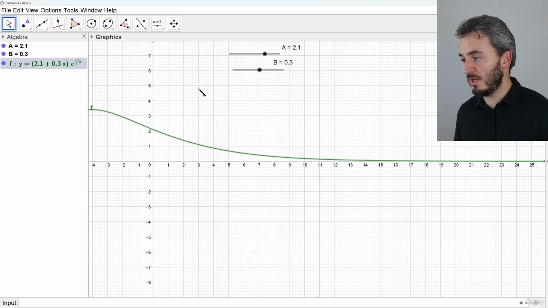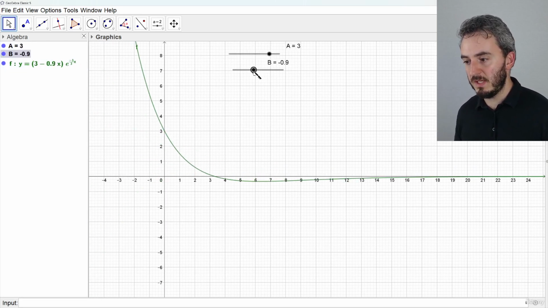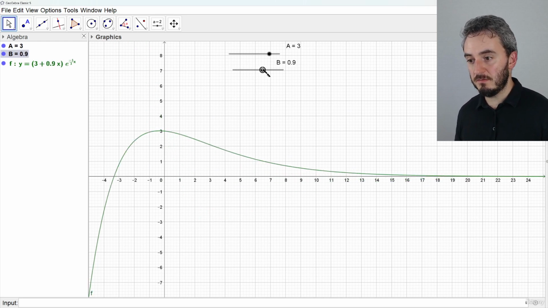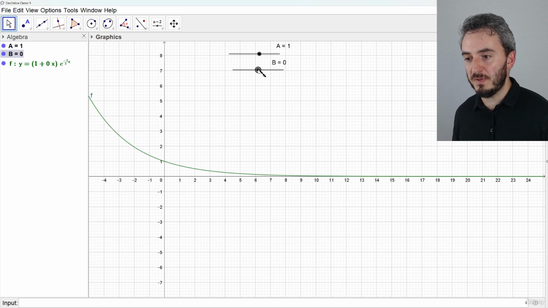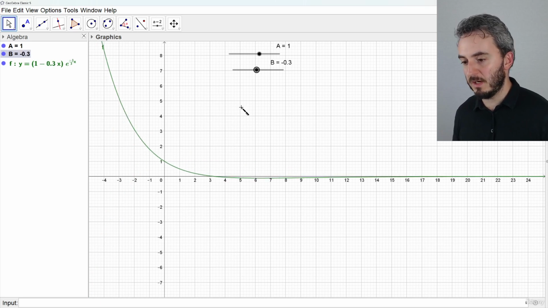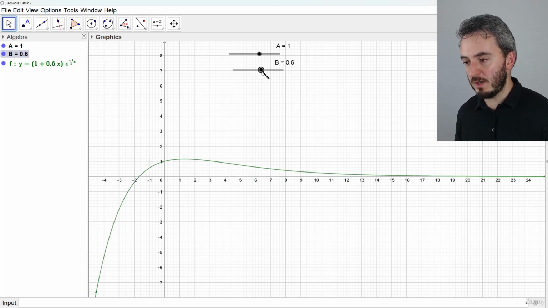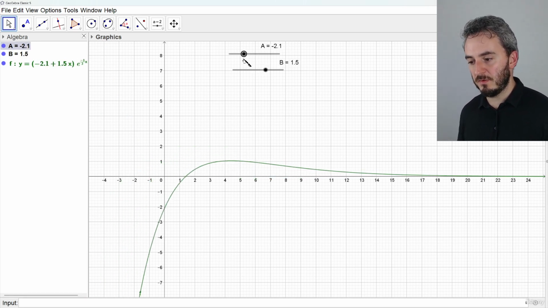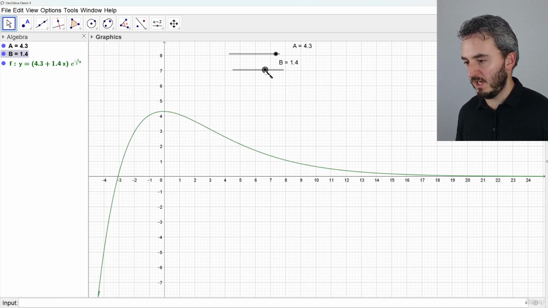As I play around with different values of a and b, I get very different looking families of curves. Now the solution that we found was a equals 1 and b is a third, so something like that. Whatever values I set for a and b, it's always tending towards 0, and that's because the e to the minus a third bit will just reduce anything down to 0 in the end. It's quite nice to just play around and see all the different kinds of shapes we get and what the effect of these different coefficients actually is.